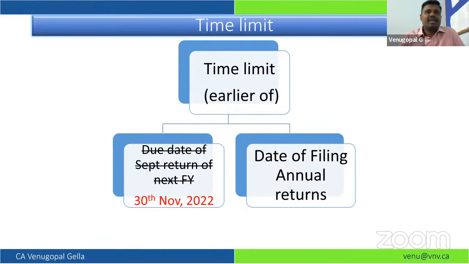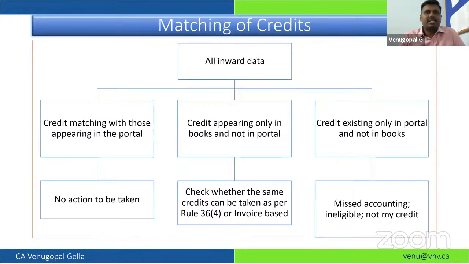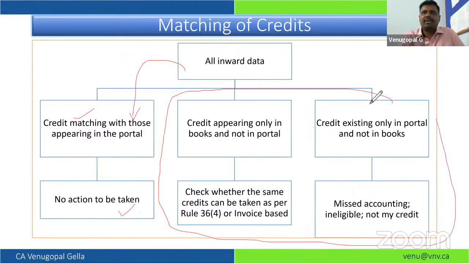And the time limit to avail, as we said, is 30th November. For the reconciliation report, I always say use a software so that you can correct the mistakes early. If everything is matching, you don't need to take any action. This is the reason why you need to have software in advance.